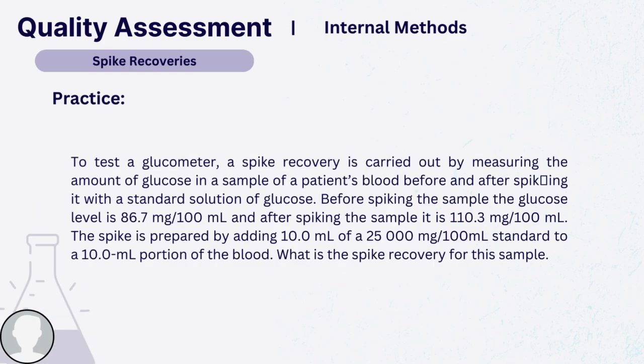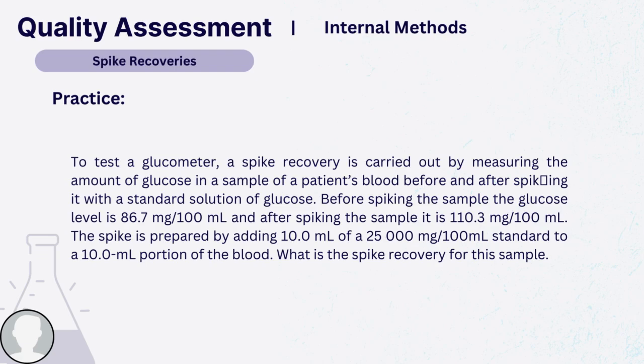As a practice exercise, to test a glucometer, a spike recovery is carried out by measuring the amount of glucose in a sample of a patient's blood before and after spiking it with a standard solution of glucose. Before spiking the sample, the glucose level is 86.7 milligrams per 100 mL, and after spiking the sample, it is 110.3 milligrams per 100 mL.